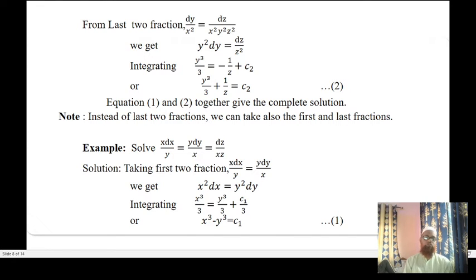So y cube by 3 plus 1 by z equal to c2. This is equation 2. So equations 1 and 2 together give the complete solution. Instead of the last two fractions, we can also take the first and last fractions.